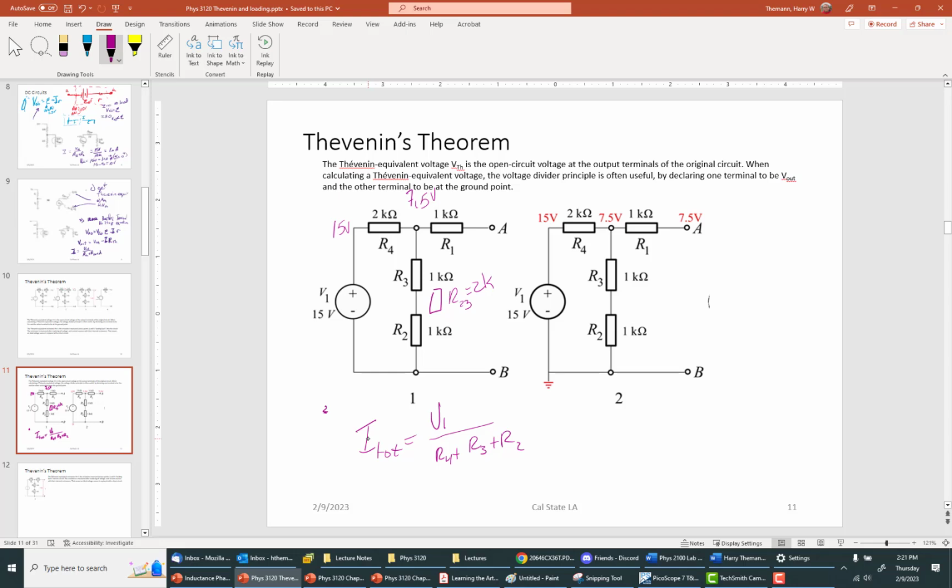This is the physical intuition you develop over time. And because R1 is in the open circuit and doesn't participate, it's 7.5 volts over here too. There's no voltage drop across R1 in this case, because there's no current through R1.